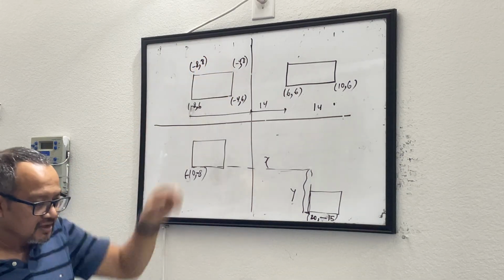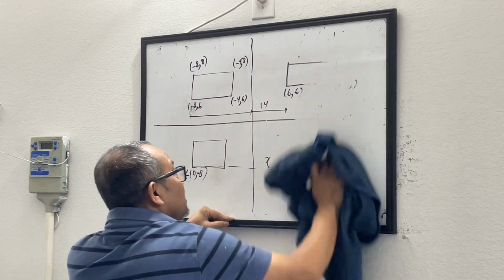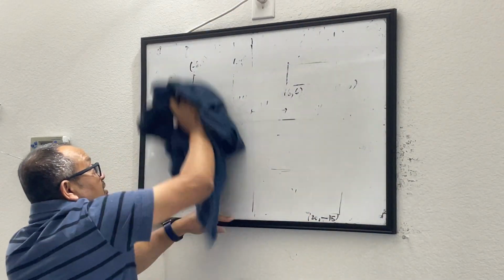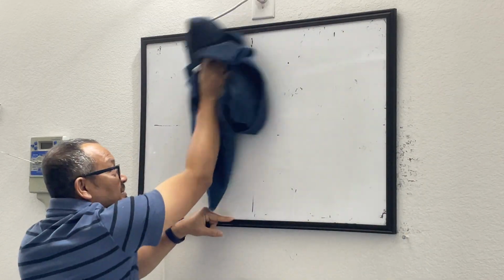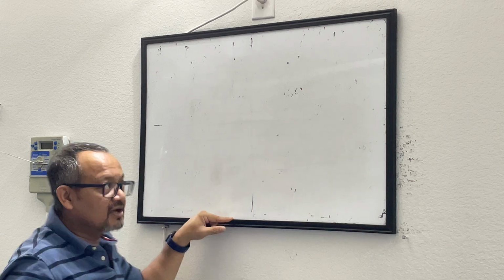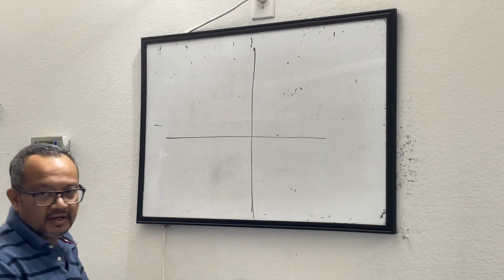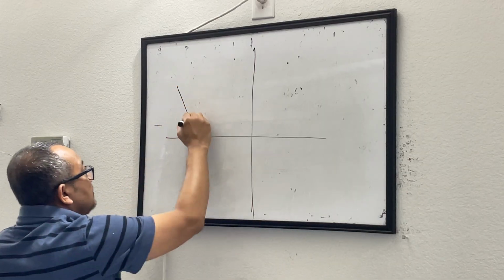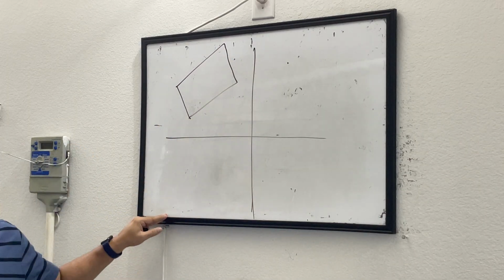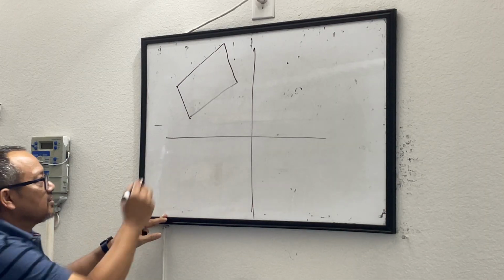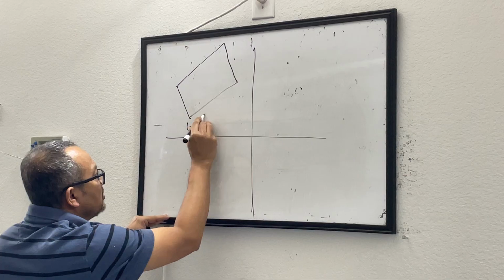Now I don't want you guys to deal with easy problems. I want to complicate everybody's life, and then simplify it with easy concepts. So I have a rectangle with coordinates minus 8 comma let's say 4.